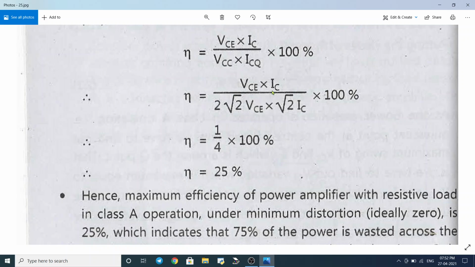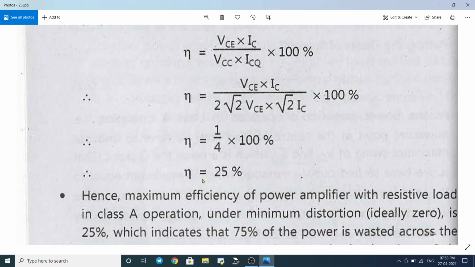Eta equals VCE into IC divided by 2 root 2 VCE into root 2 IC into 100%. This VCE will cancel with this VCE, this IC will cancel with this IC, and we have root 2 into root 2 equals 2, and this 2 into this 2, that is 4. So 1 by 4 into 100%.